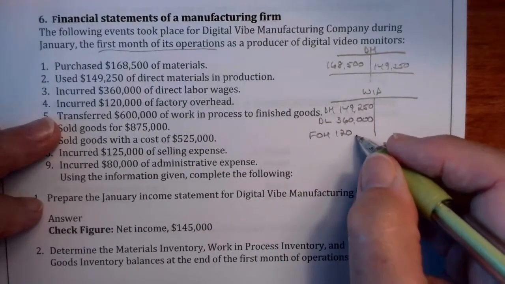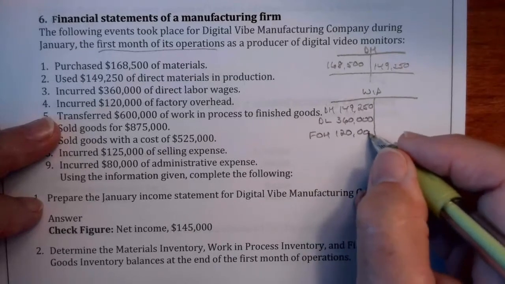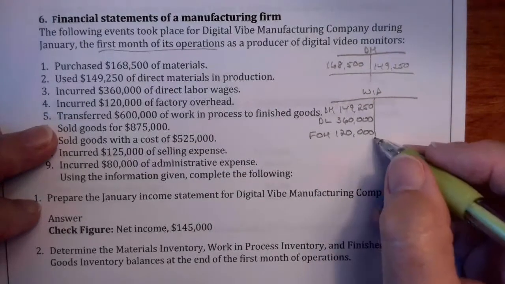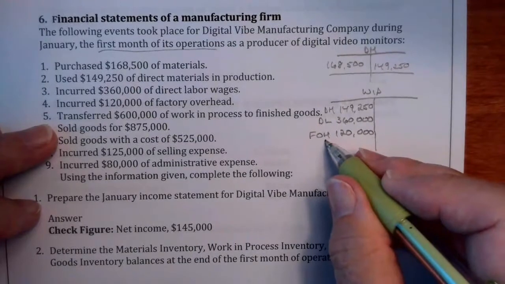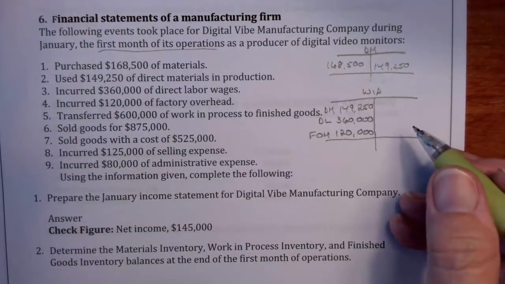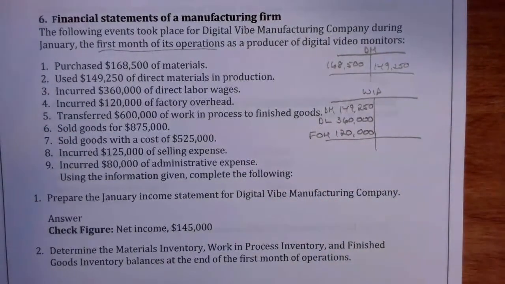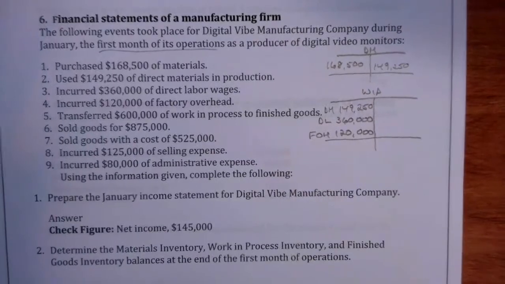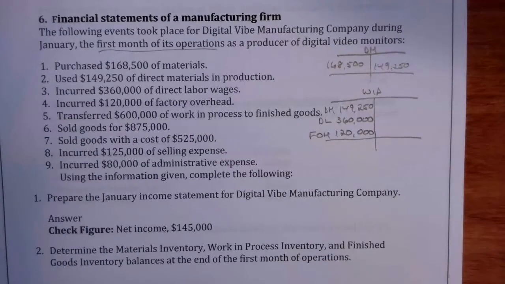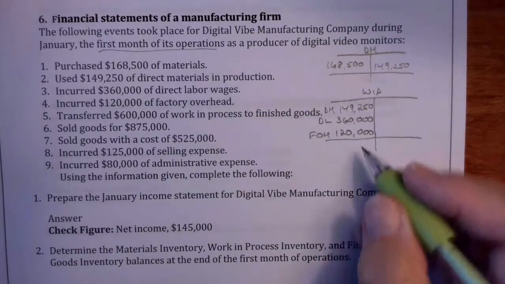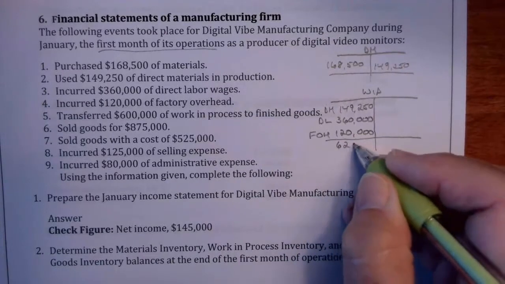So this is how much went into production. Let's get a balance here, just for the heck of it. 360, 120, plus 149,250. So we've got 629,250.